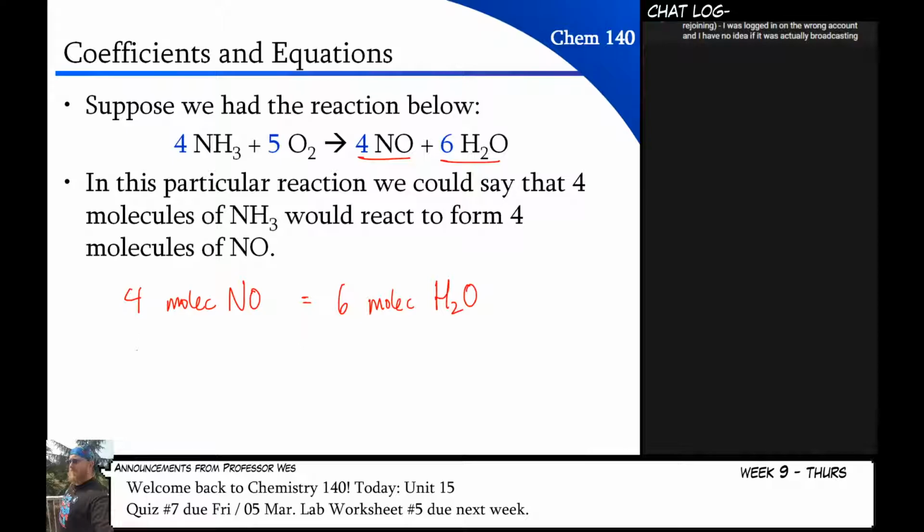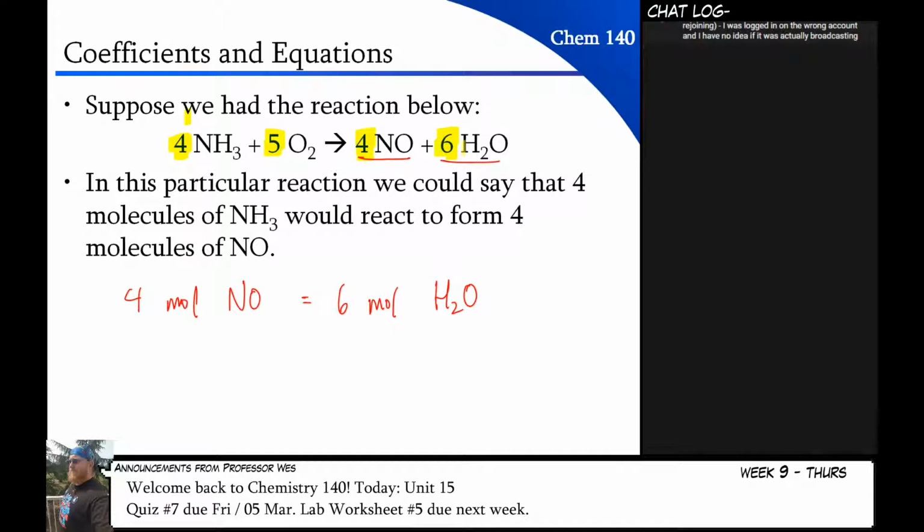Now, we don't work with molecules very often. Instead, what we work with are moles, right? So, if I multiply both sides by 1 mole, I will get a relationship that uses these coefficients, these numbers right here.